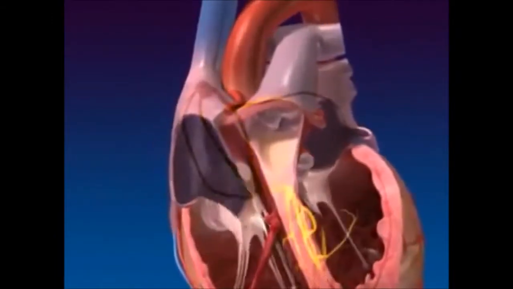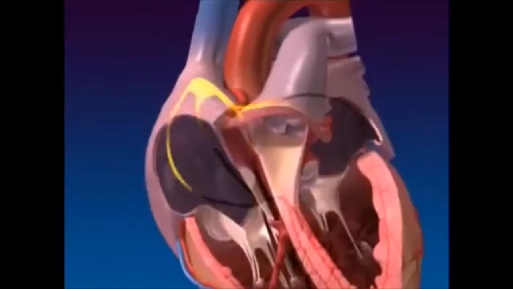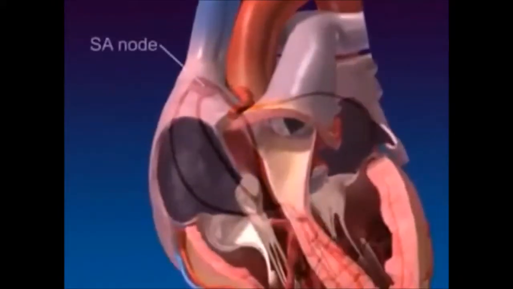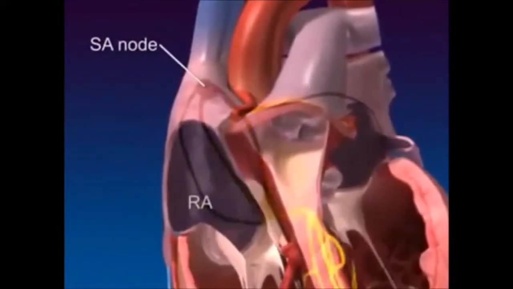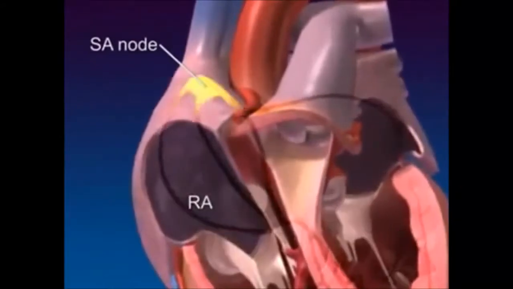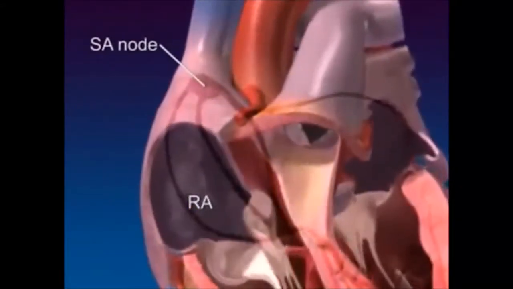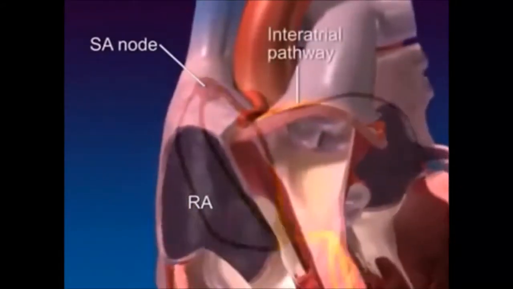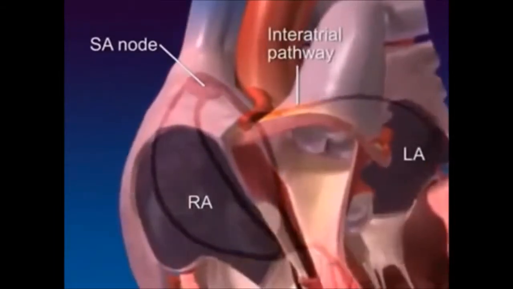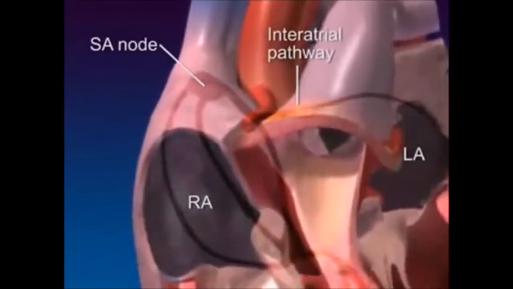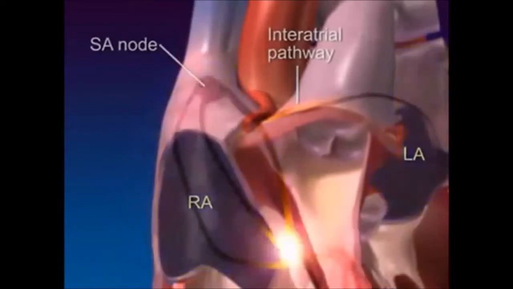This activity originates from primary pacemaker cells in the sinoatrial or SA node in the upper right atrial wall. The pacemaker potentials swiftly move through the interatrial pathway to the left atrium and spread throughout the atrial myocardium via gap junctions. As a result, both atria depolarize and contract as a single unit.